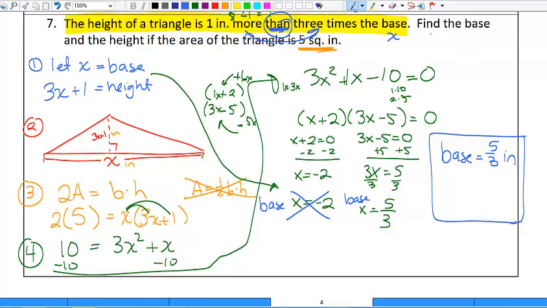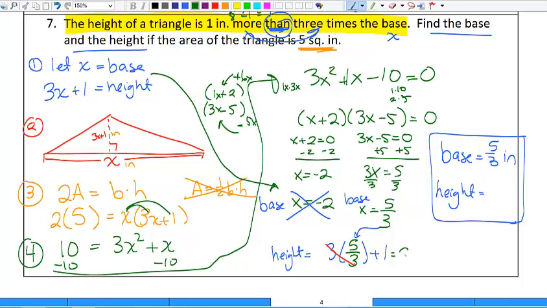Now the question said to find both the base and the height, so I need to figure out what the height is as well. So my height is 3 times x plus 1. And my x is 5/3. Now this is awesome because my 3's divide out, and I am left with 5 plus 1, or 6 inches.